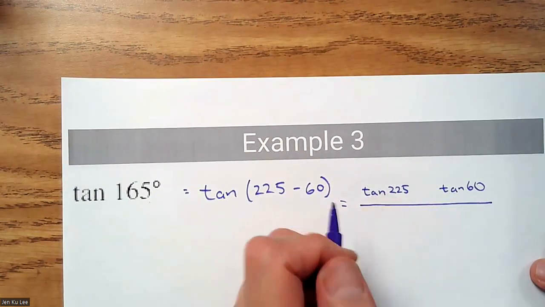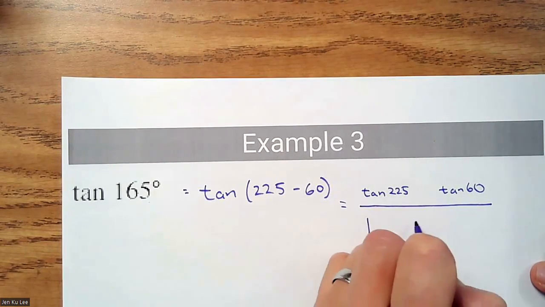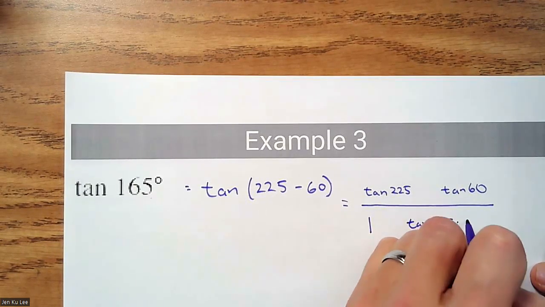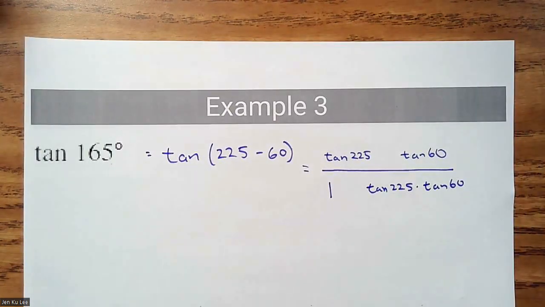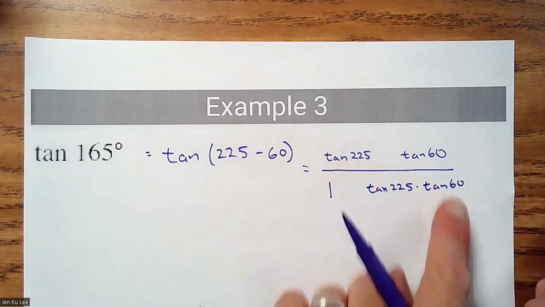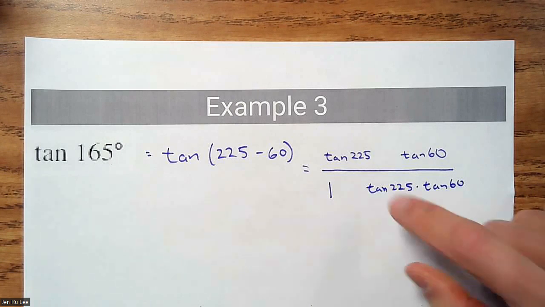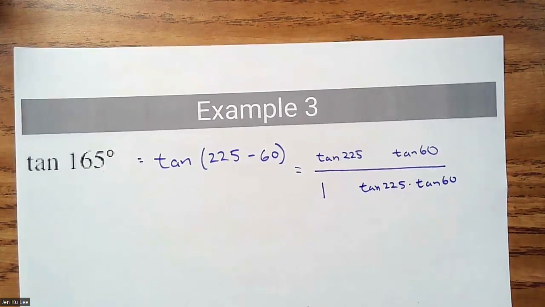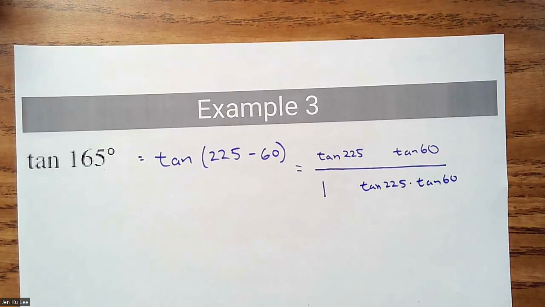On the bottom, my denominator, it's 1 plus or minus the product of the two. This template right here is what I sat down and memorized. Adding and subtracting, 1 adding or subtracting the product, and we're dividing it together.